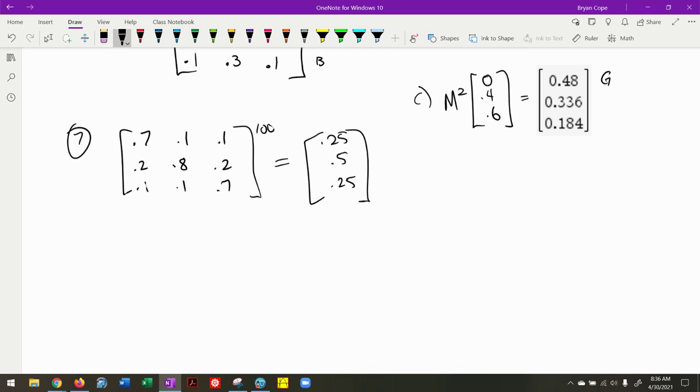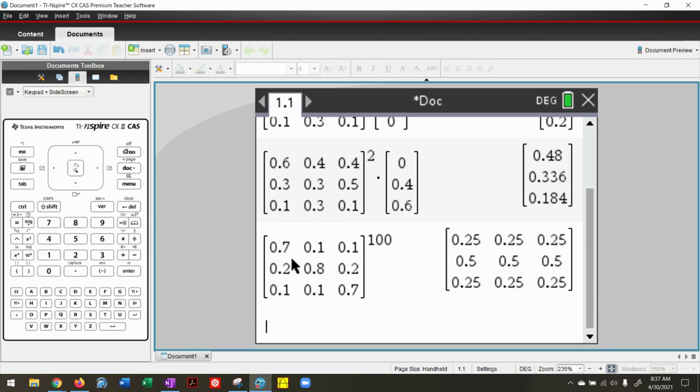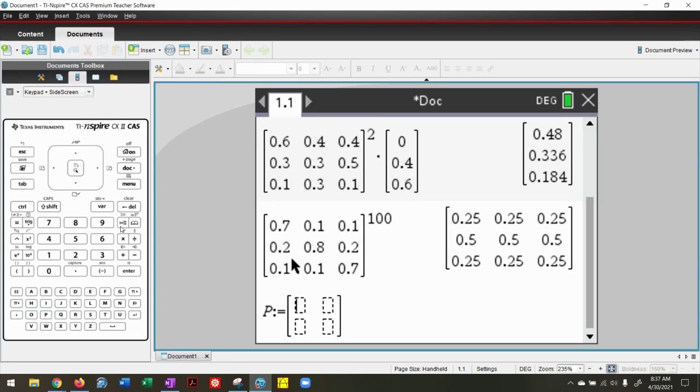For 9, determine if P is a regular stochastic matrix. So I told you in the directions to go back a page and read the definition of that. It says, we say that a stochastic matrix is regular if some matrix power, P to the k, contains only strictly positive entries. So we see that P itself does not contain strictly positive entries, but I'm going to define P and then start raising it to various powers to see if we can get only positive entries.